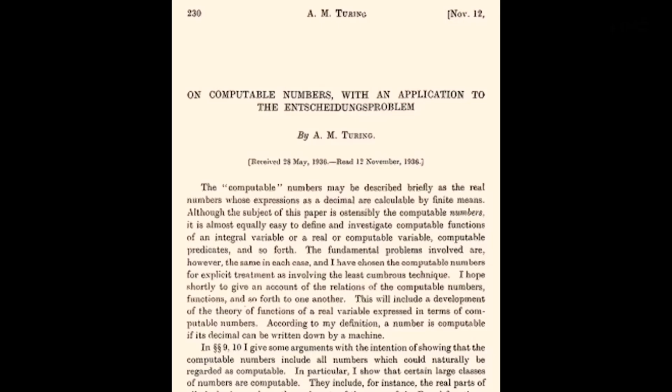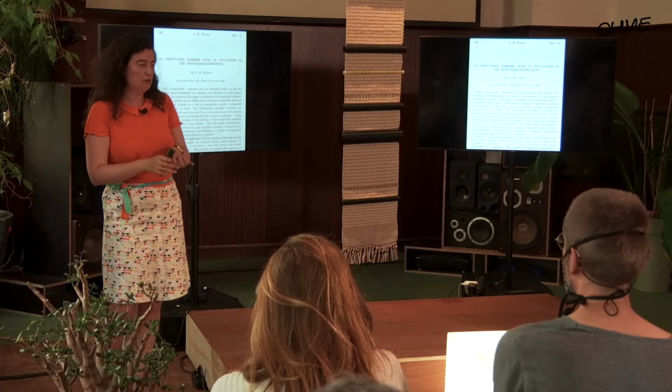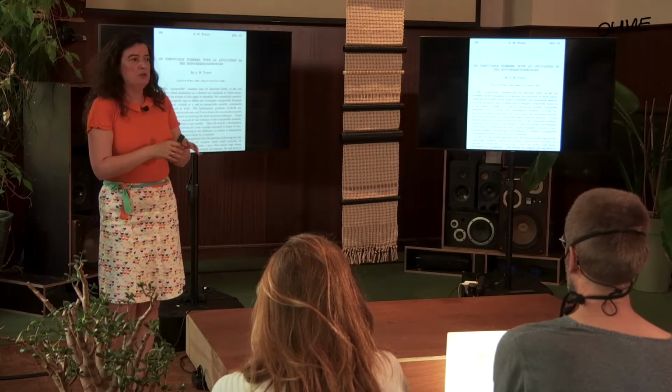And he wrote his by now very famous paper in 1936 on computable numbers. What he showed is that whatever you could do with an algorithm, so whatever you would be able to compute, would be possible with a machine.